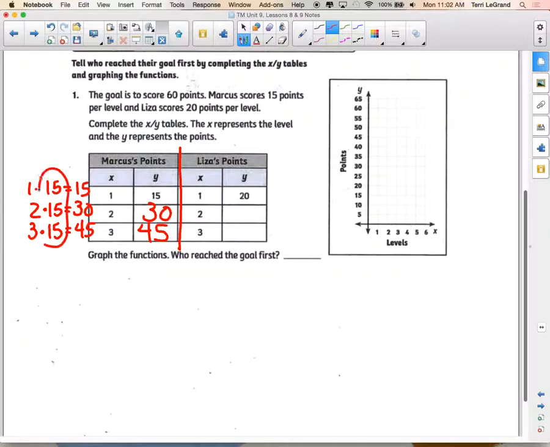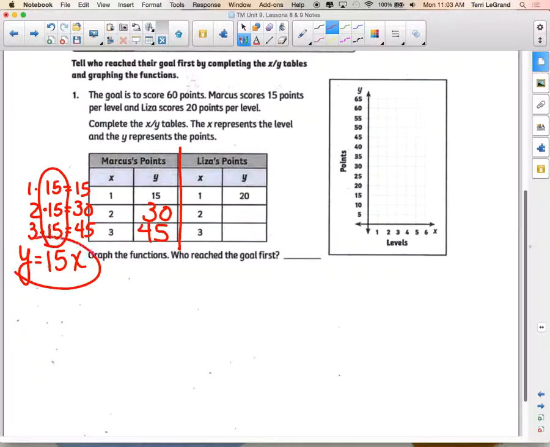Let's circle that. Our multiplier every time was 15. So what would the equation be for Marcus's scoring? The multiplier is the slope, is the coefficient on the x. It's what we're doing to the input to get the output. 15x, y equals 15x. That's Marcus.